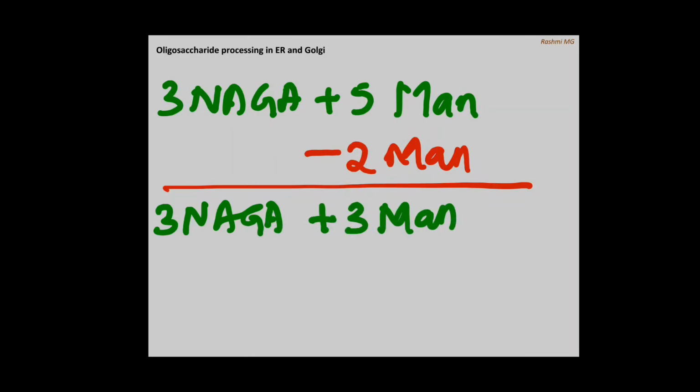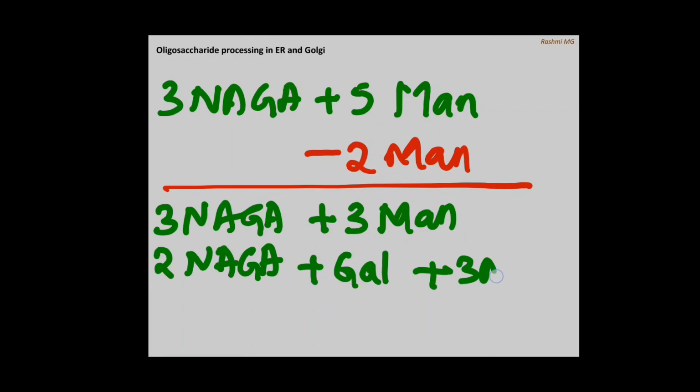Both are 3, right? After that, in the last step, there is addition of 2 NAGA plus addition of gal, that is galactose, plus 3 NANA.